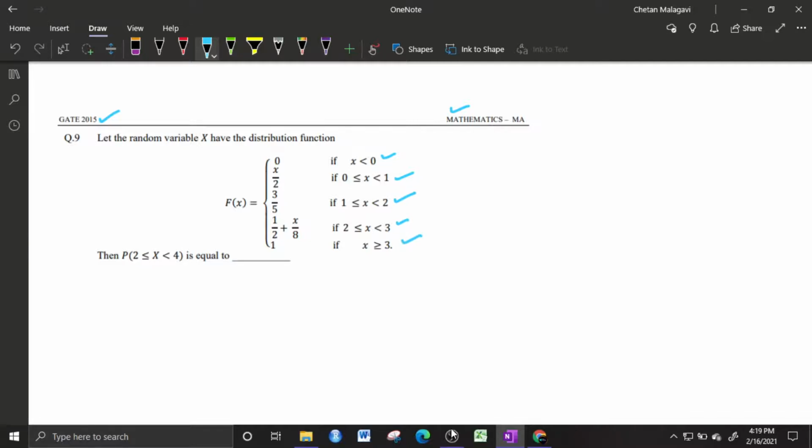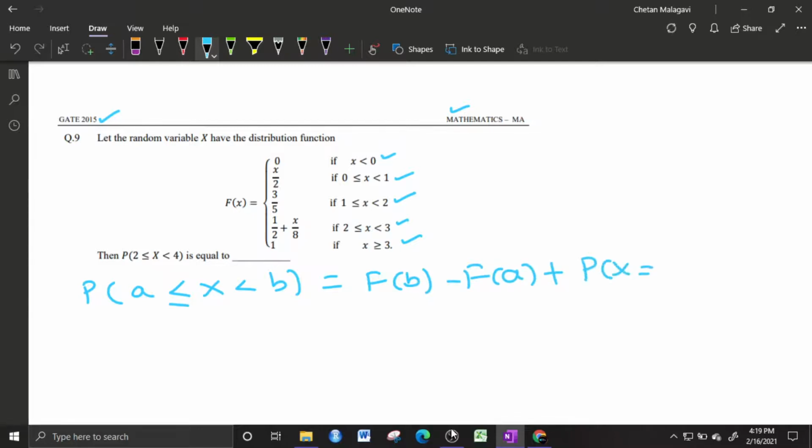They have asked us to find the probability where x lies between 2 and 4. We have that probability of a less than or equal to x less than b, where equality is included on a, is nothing but F of b minus F of a plus the probability that x takes the value a.